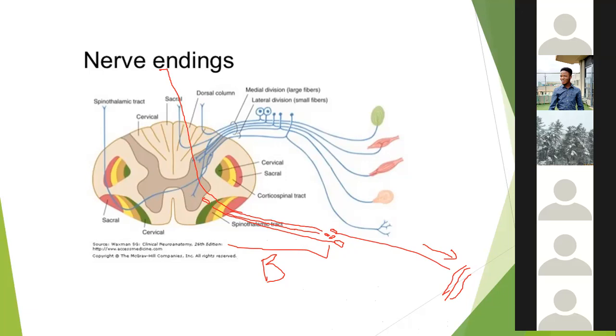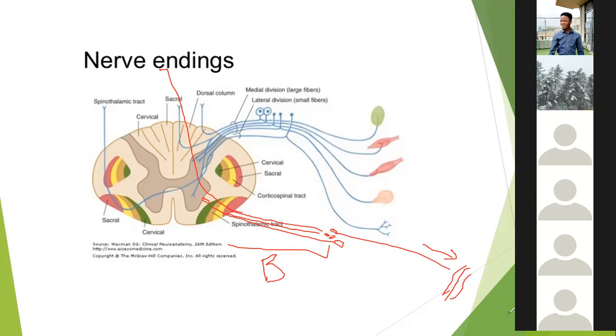So I hope, Winnie, are you there? Yes, I'm here. I hope you captured that. Yes. Sensory neurons are classified only by the Lloyd system. So in that case, we are not going to have this classification in the Lloyd's, because these are motor neurons.